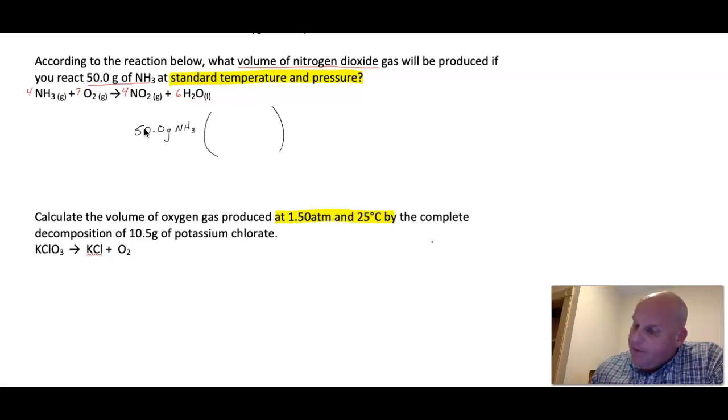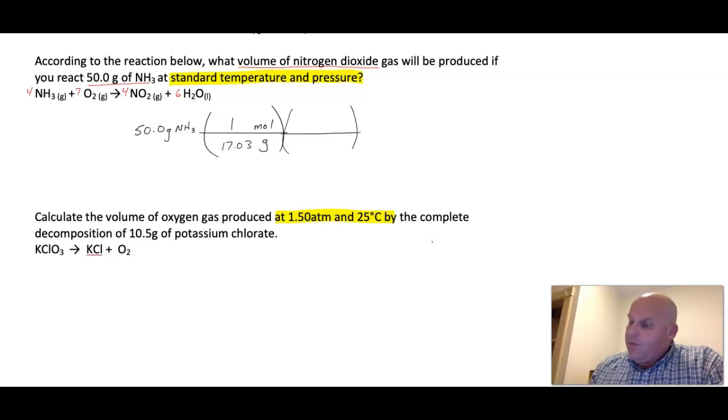I think about my roadmap. I need to first go from grams to moles. I would use the molar mass of NH3 here, and the molar mass for NH3 would be 17.03 grams.